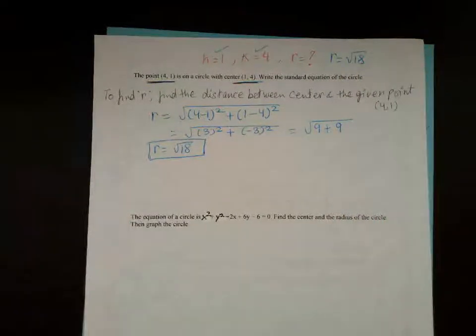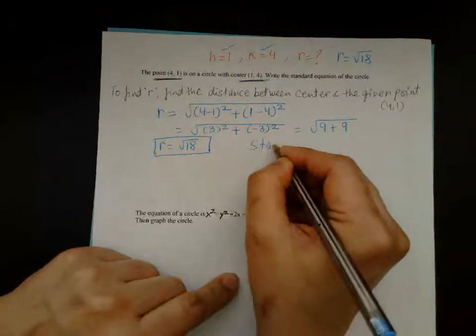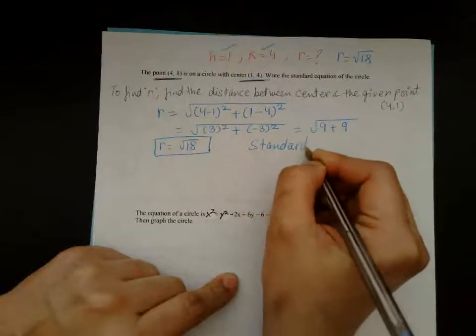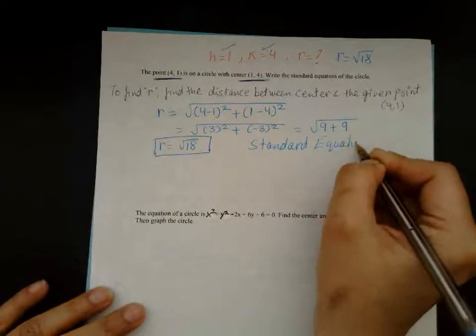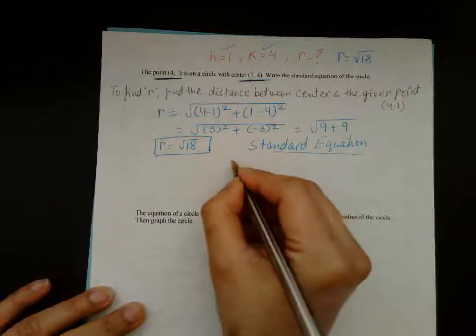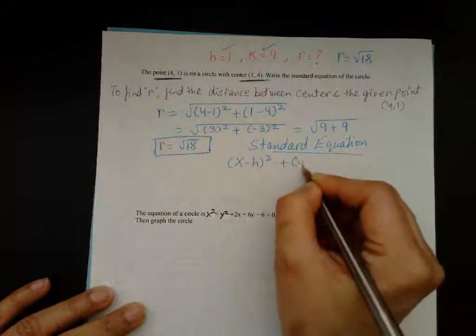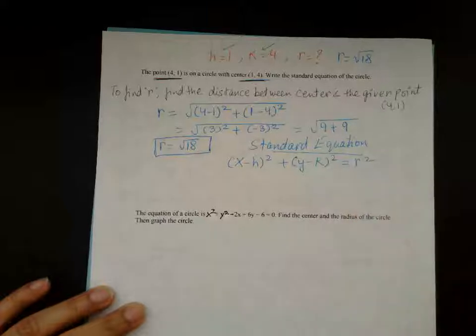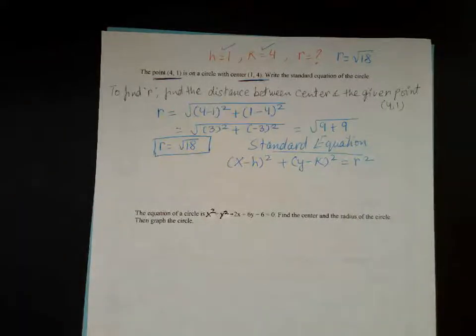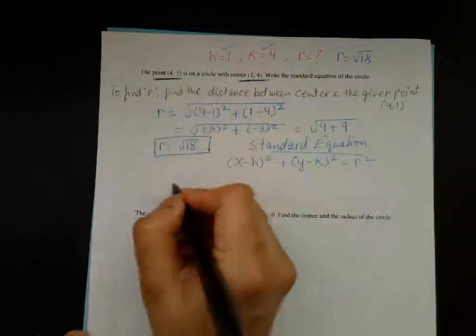So now we have the coordinates and the radius is radical 18. Let's plug everything back into the standard equation. What is the standard equation? It is (x - h)² + (y - k)² = r². That is your standard equation, right? Let's plug all the information back in.